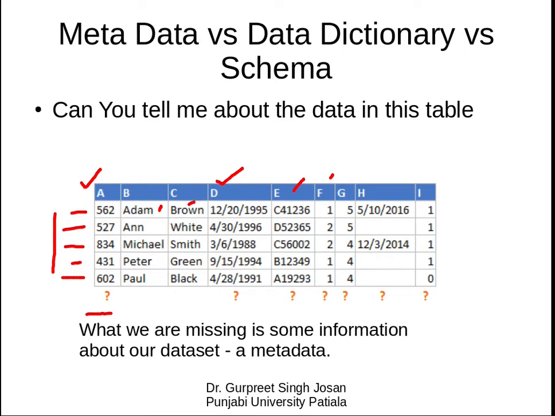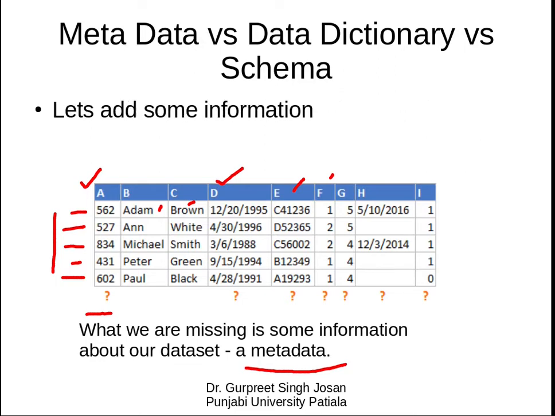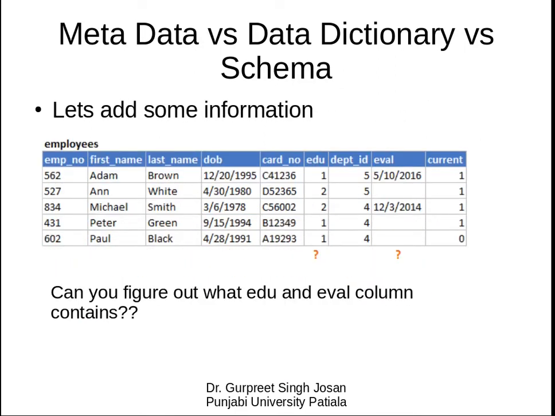So something is missing here, and that missing part is called metadata. That is data about data, metadata. So we have some missing information, and the information that is needed to describe this particular data is called metadata. So let's add some information here.